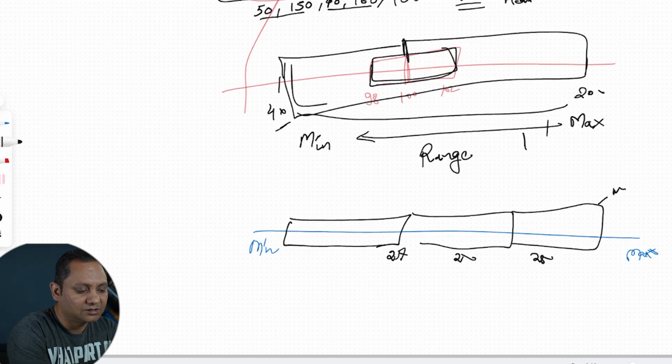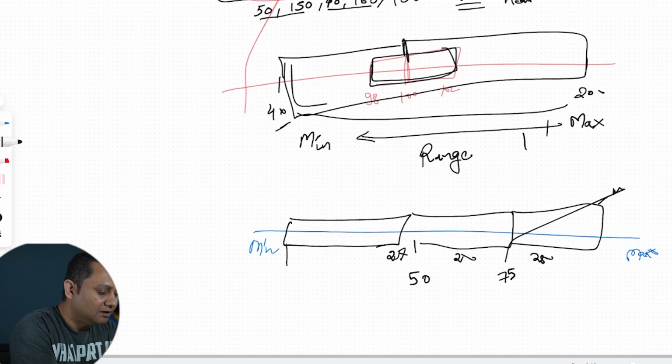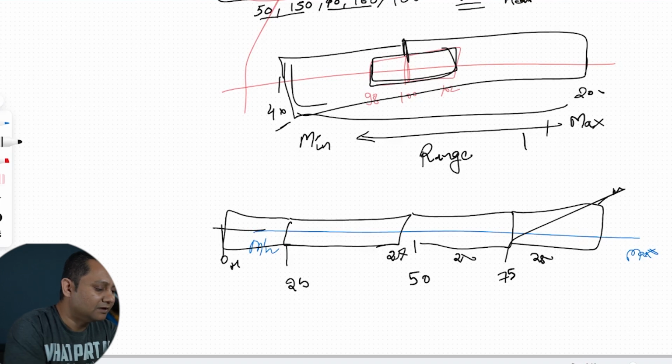This is my max, this is my 75th percentile, this is my 50th percentile, this is my 25th percentile, and min is my 0th percentile.